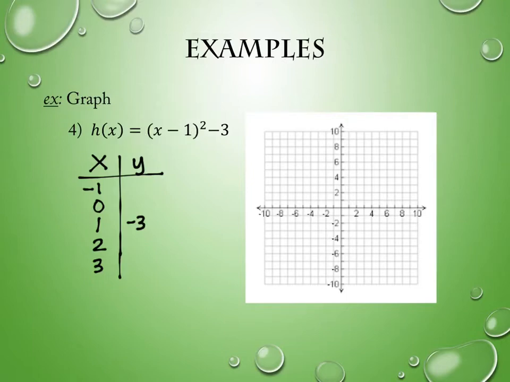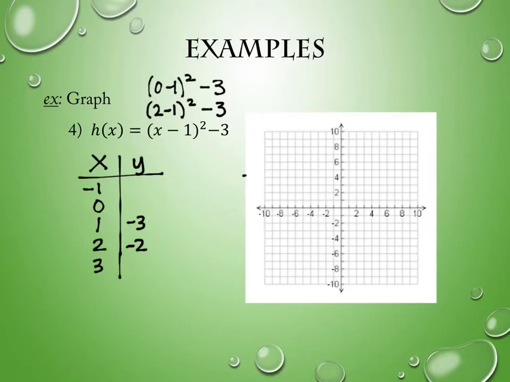So let's try them. Let's try 2. What is 2 minus 1? 1. 1 squared is 1. And then 1 minus 3 is negative 2. How about 0? What is 0 minus 1?